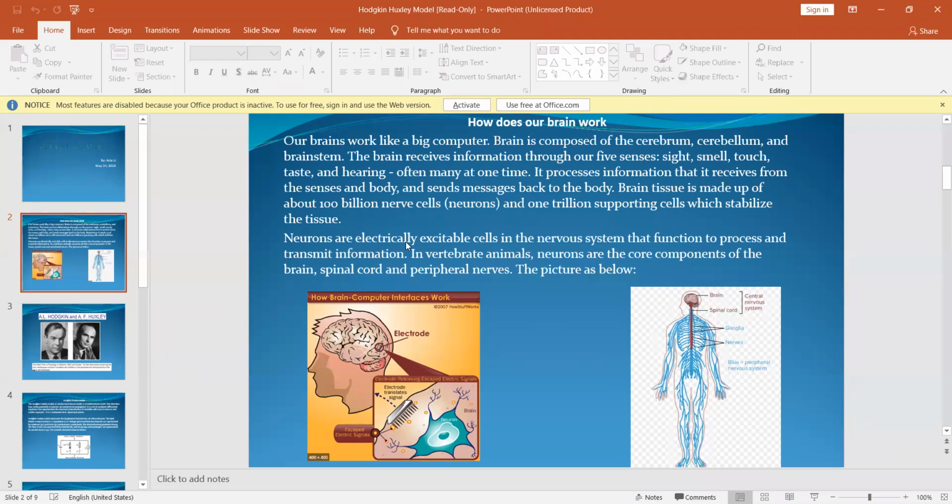The brain receives information through our five senses: sight, smell, touch, taste, and hearing, often many at one time. Brain tissue is made up of about 100 billion nerve cells, and neurons are electrically excitable cells in the nervous system that function to process and transmit information.